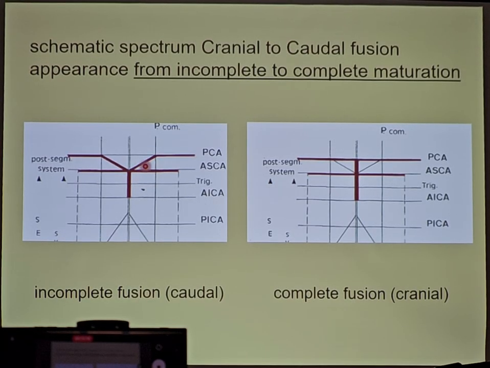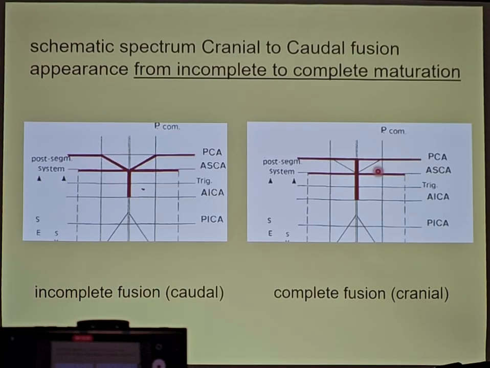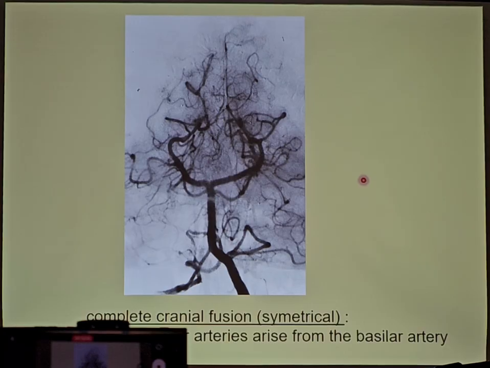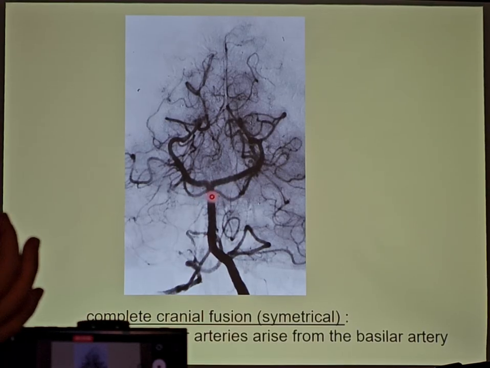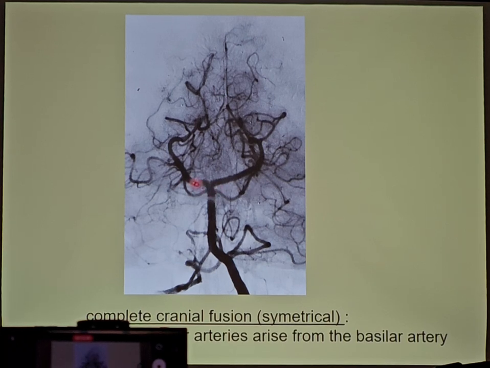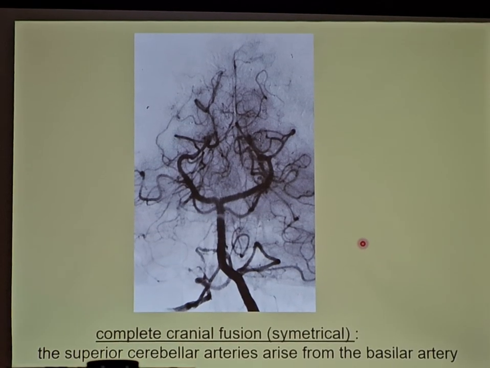So this has sort of a V-shaped configuration, while this is more the classic shape as we are familiar with. So here we have a classic shape, complete cranial fusion, symmetrical basilar artery, separate superior cerebellar arteries, distinct origin from the upper basilar with its branching pattern of the posterior cerebral arteries. This is a complete symmetrical fusion phenomenon.